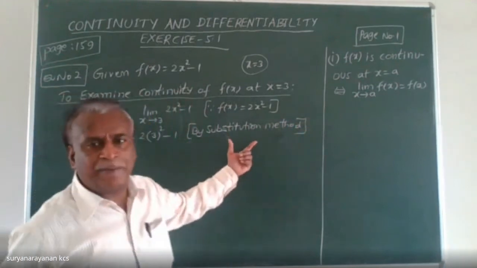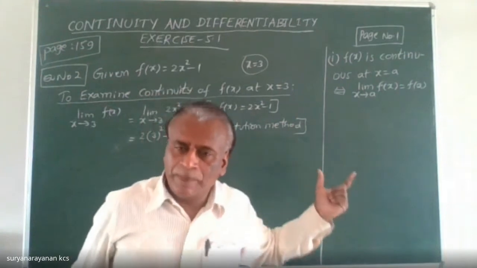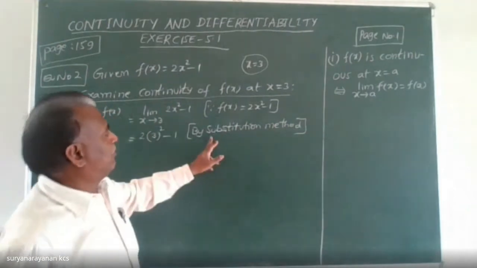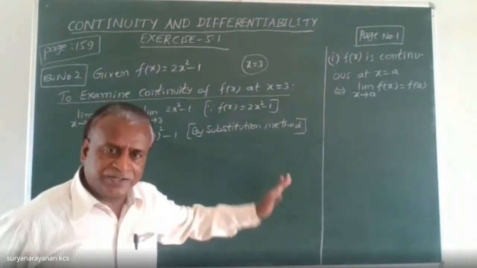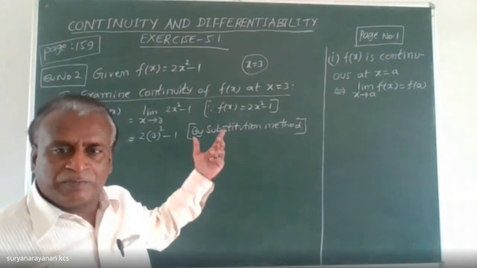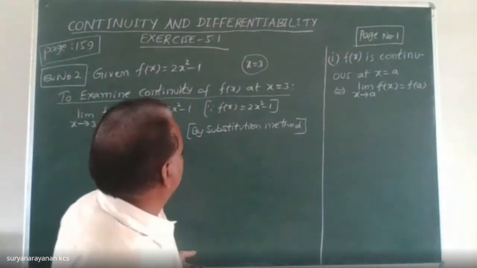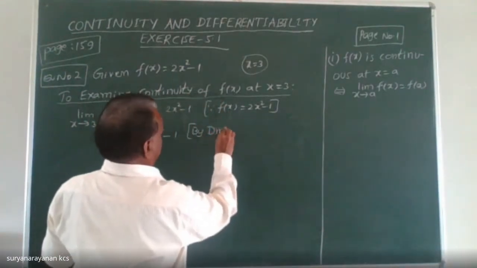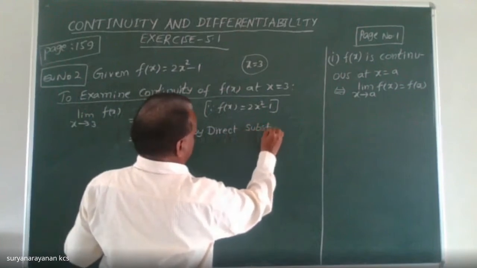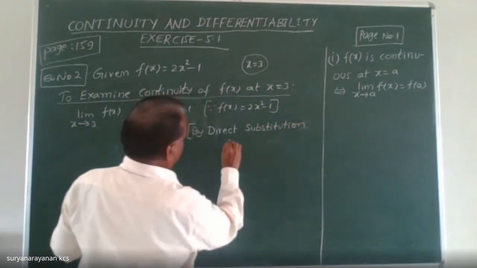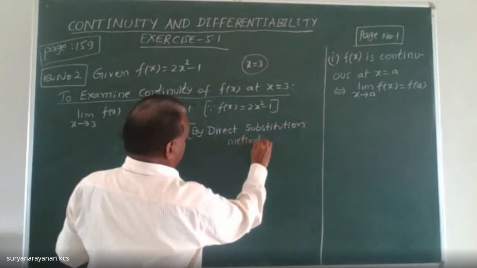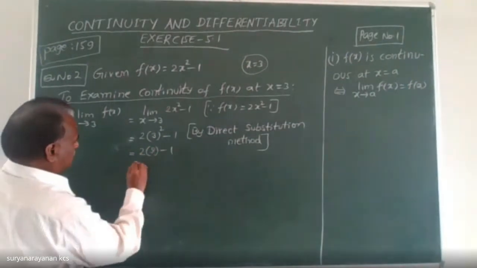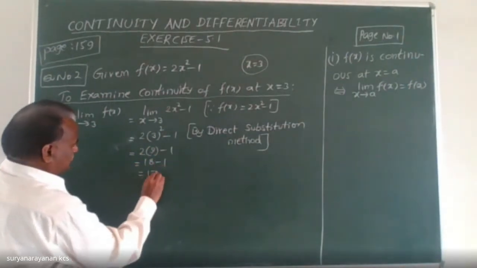This is one of the methods in finding the limit of a function at the given point. Then what will you get here? 2 into 9 minus 1, that is 18 minus 1, that is equal to 17.